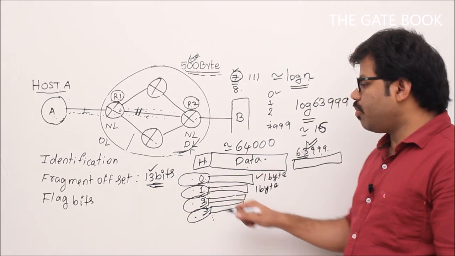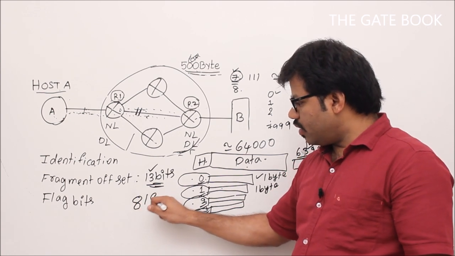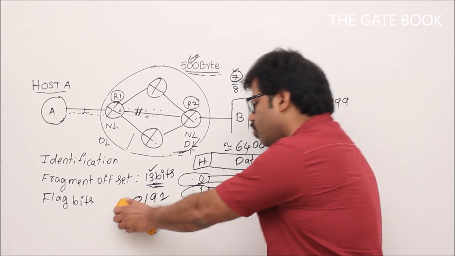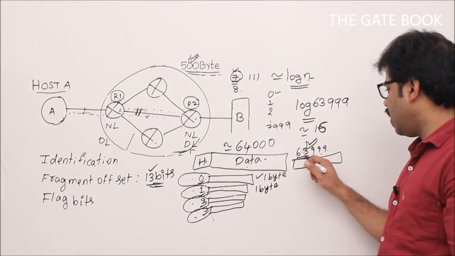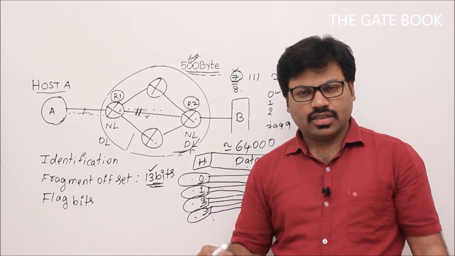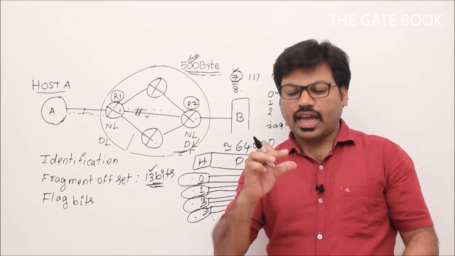With 13 bits, the maximum number you can write is 8,191. Remember it. But we have to represent 63,999. How do you do it? That's why they put a condition. Simple: every fragment should have a minimum size.